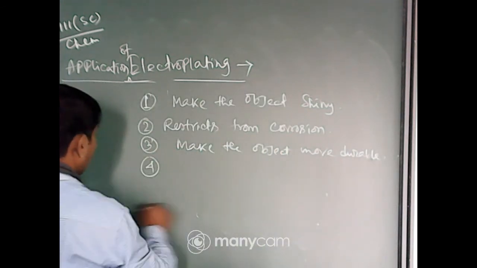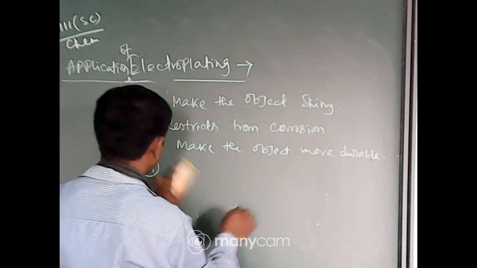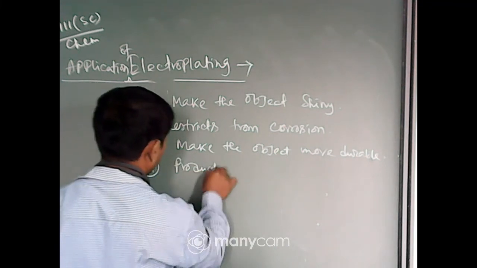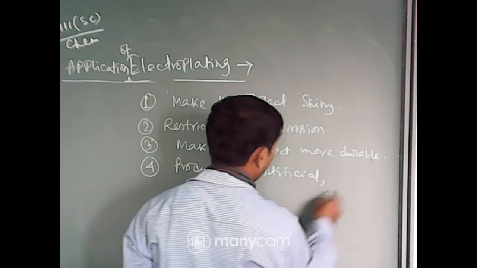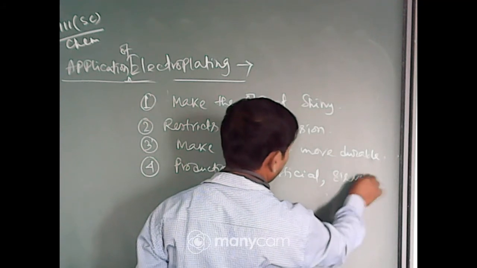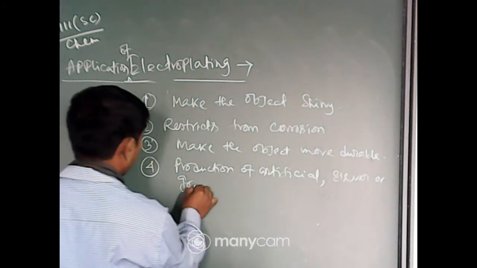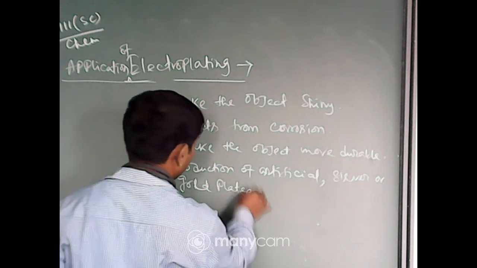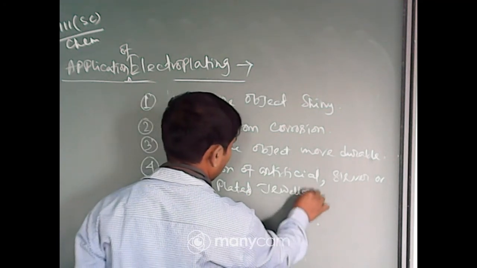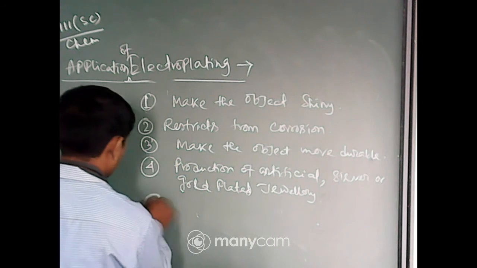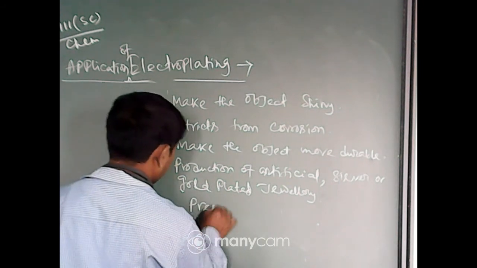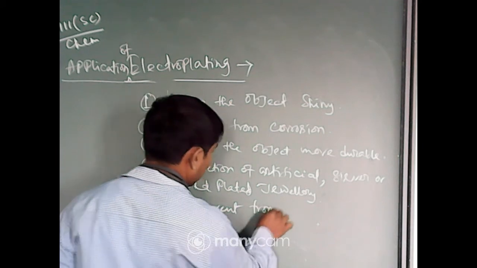Number four, production of artificial silver or gold plated jewelries. Make the object shiny, prevent corrosion, and another one is prevent from scratching.